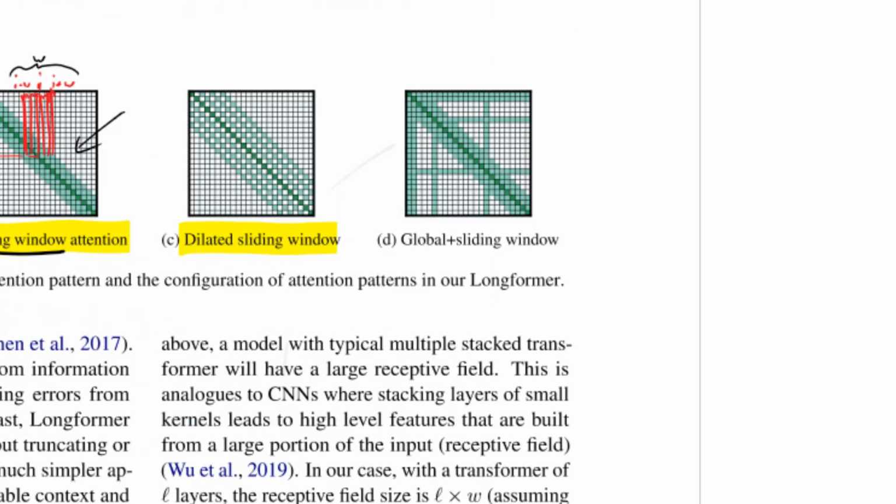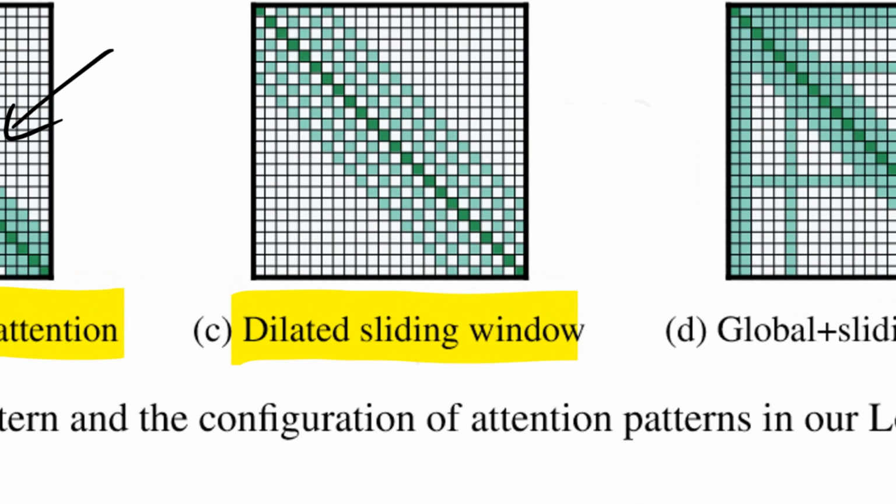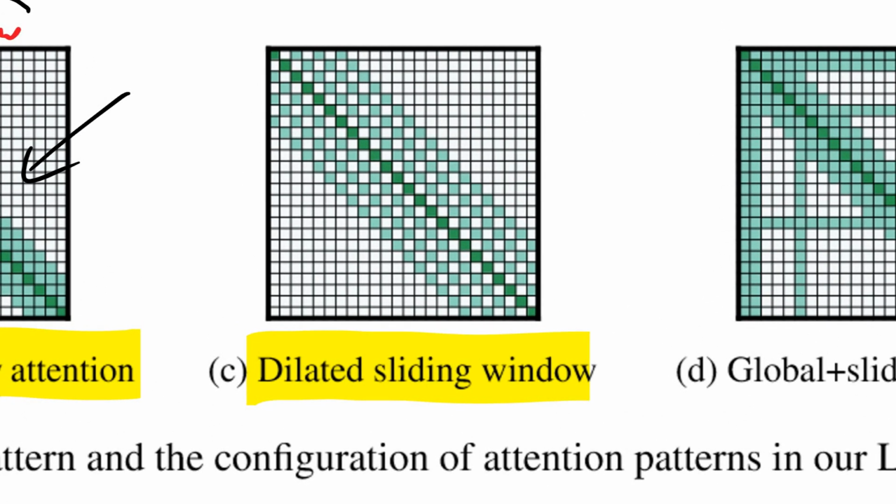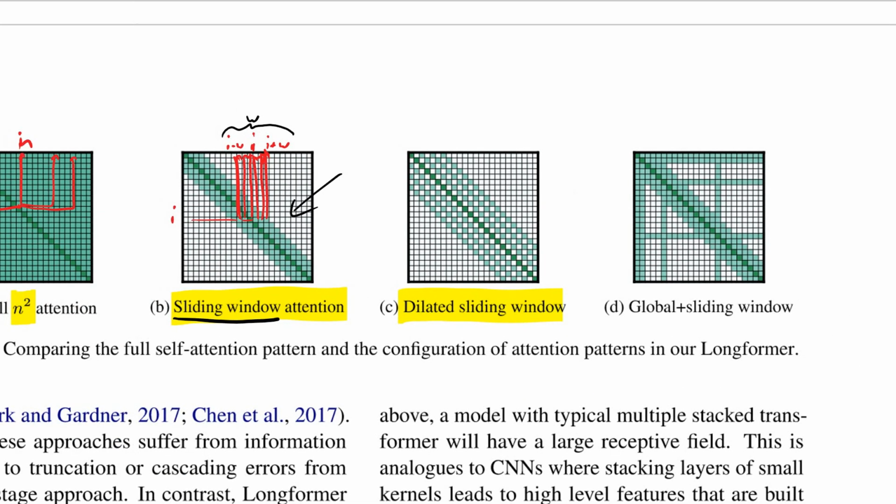And the dilated sliding window helps this, where they say, well, technically, now any sequence here. So again, if we have this sequence and this is the next layer, actually, let's just draw.